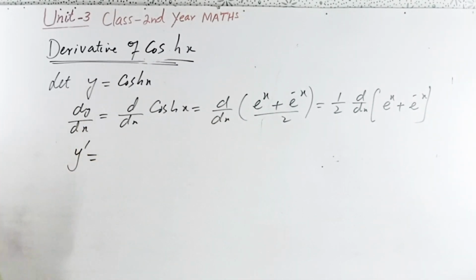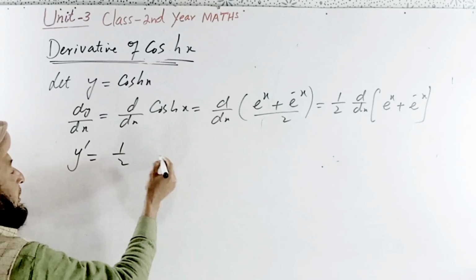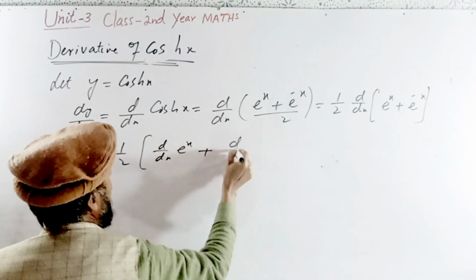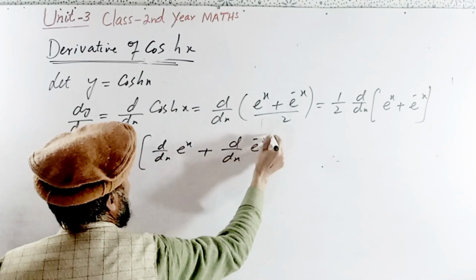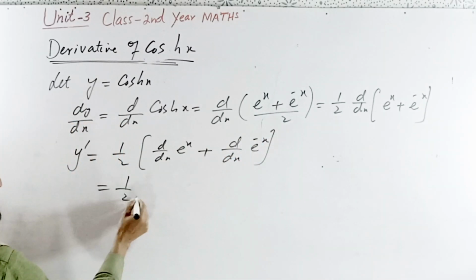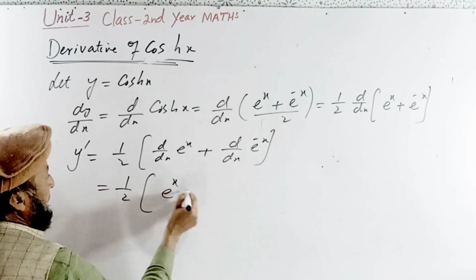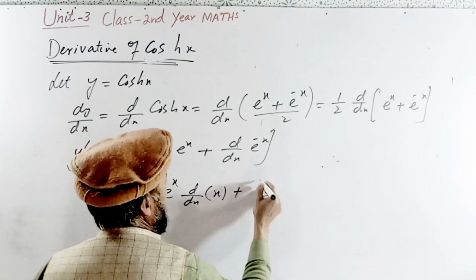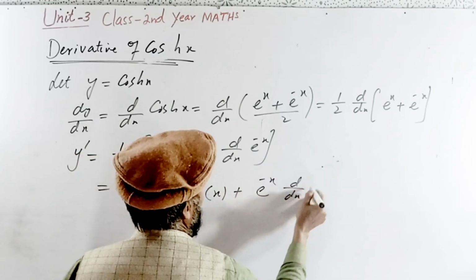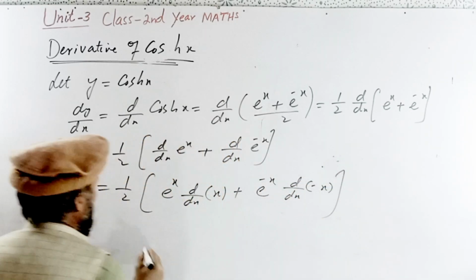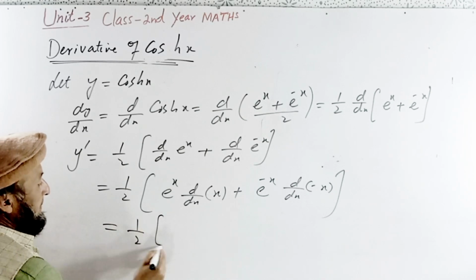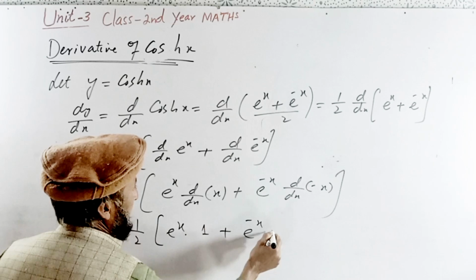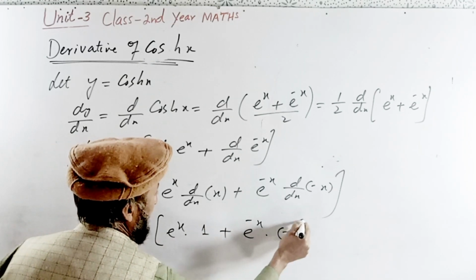We can write dy by dx is equal to 1 over 2 of d by dx e power x plus d by dx e power minus x. So 1 over 2 of e power x times the derivative of x, which is 1, plus e power minus x times the derivative of minus x, which is minus 1.